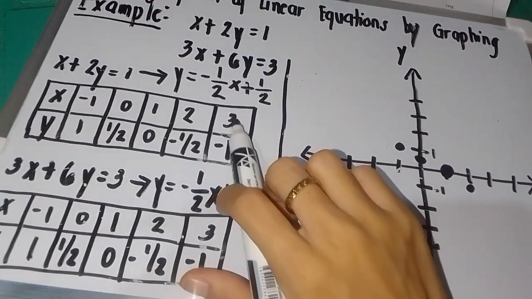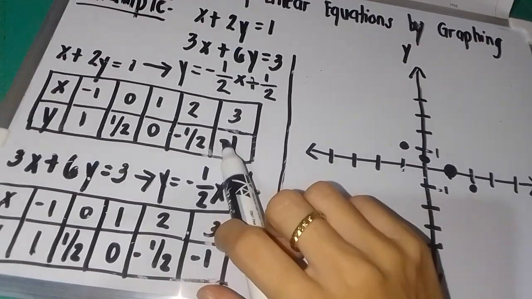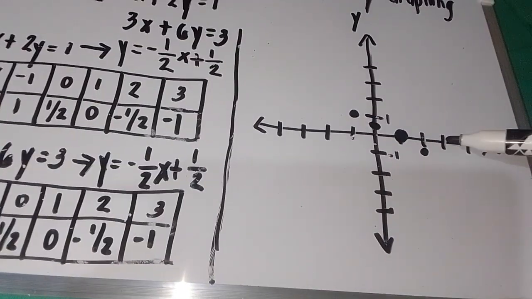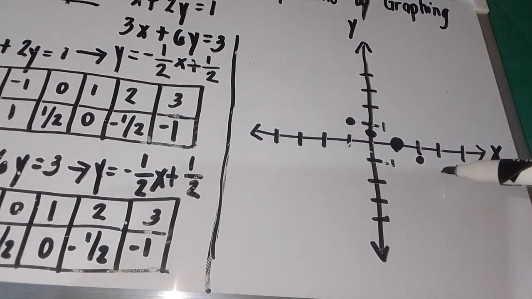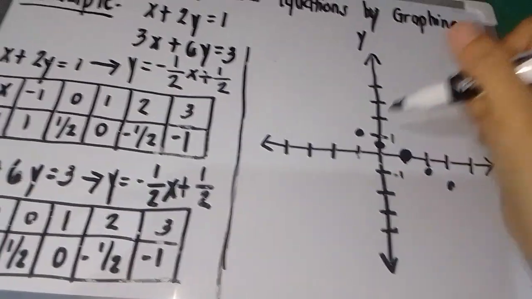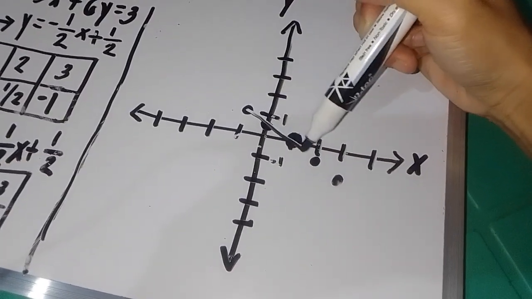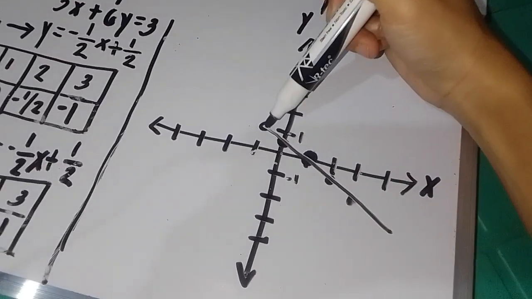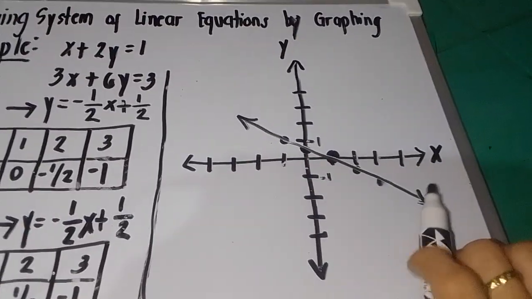Positive 3, imuhang x coordinates. So, here is positive 3, 1, 2, 3. And then negative 1, so going down. From here, going down ka, negative 1, naraming negative 1, 3 mong point. Now, after that, connect the points using your ruler. And that is your linear graph.